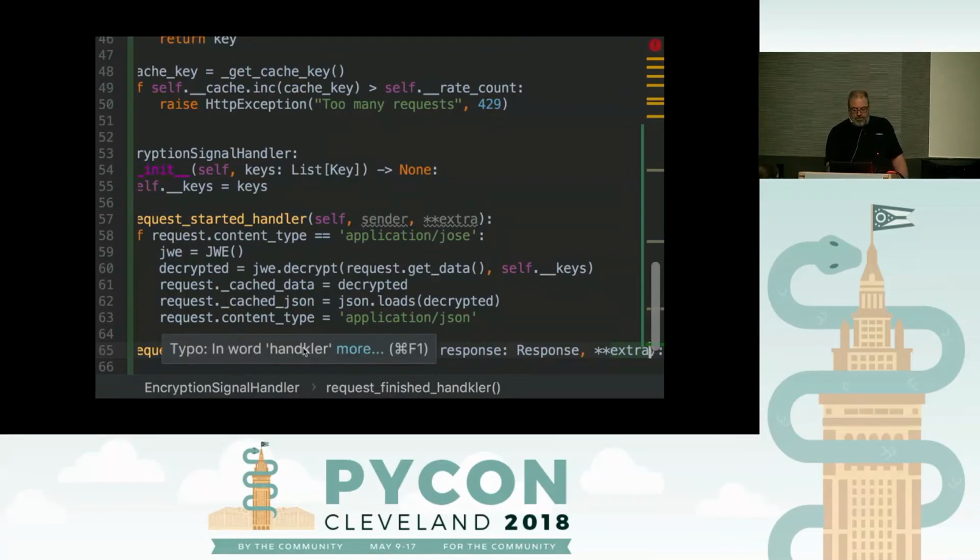So the request finish handler is going to get the sender, which it always gets, and the response. So we're going to be able to read and write to the response. What we're not going to be able to do is send a different response. So again, we're going to have to modify the current response because that's just what happens when you have events. You get passed by reference the piece.